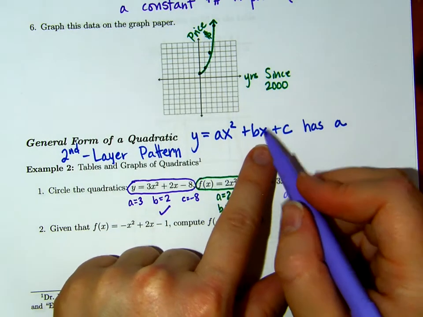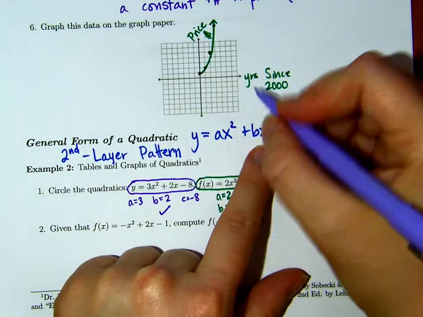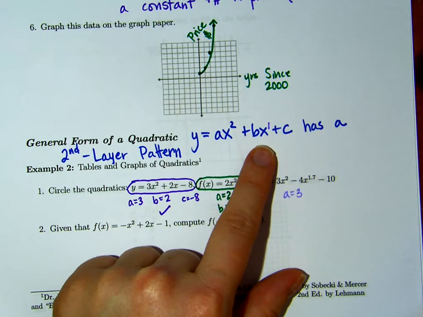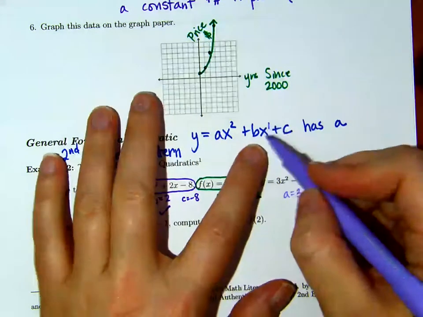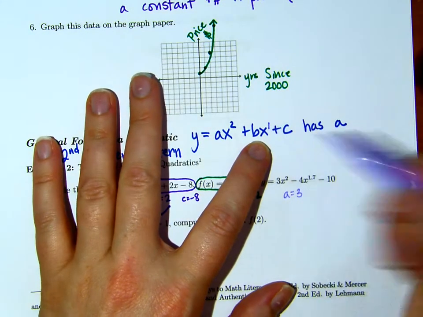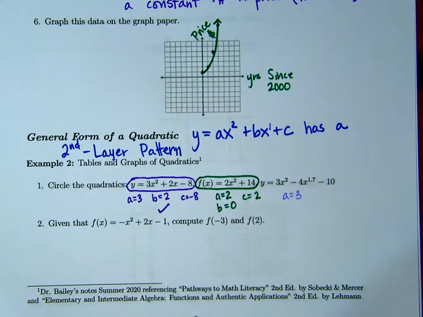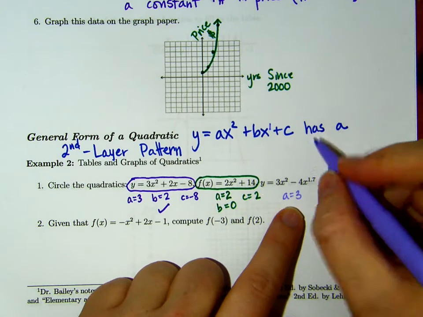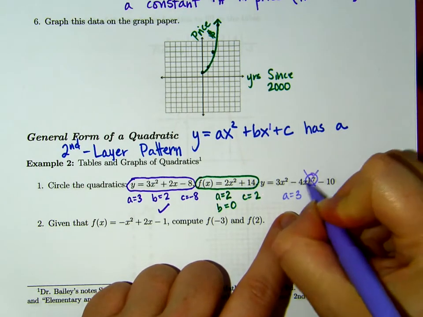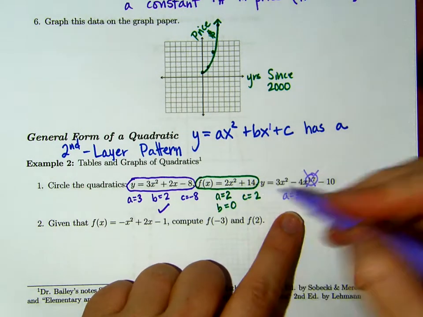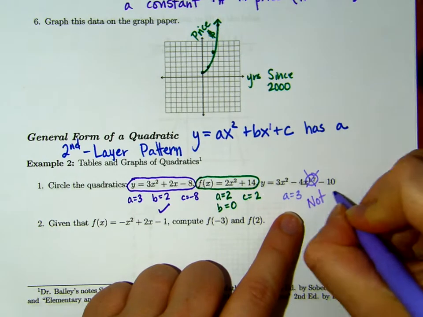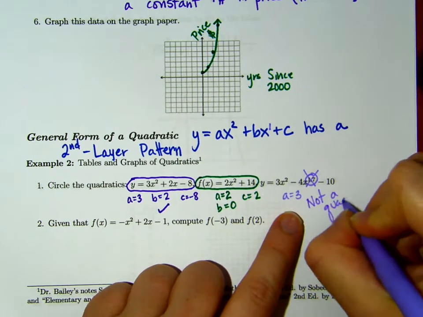The silent exponent on this x is 1. If you don't see the exponent, it's a silent 1 here. But this is a problem. Troublemaker. So this is not a quadratic.